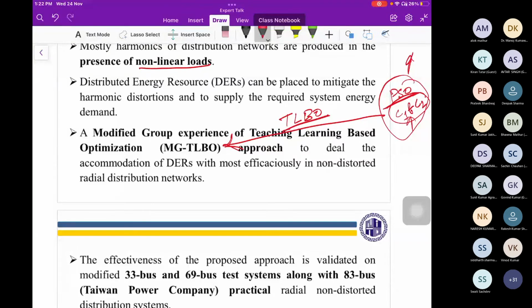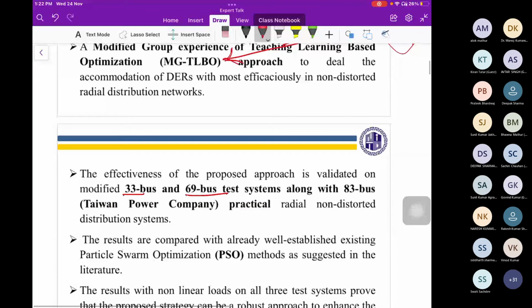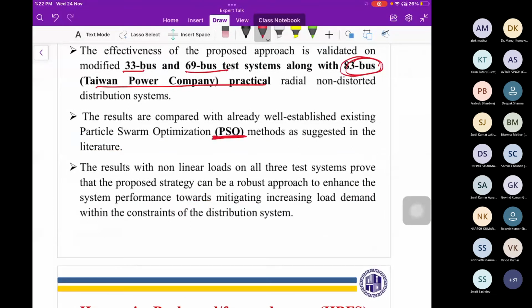In this study, we have modified this algorithm according to our requirements. And we have incorporated the 83 bus system, a practical distribution system, and we have compared this algorithm with the previous algorithms.